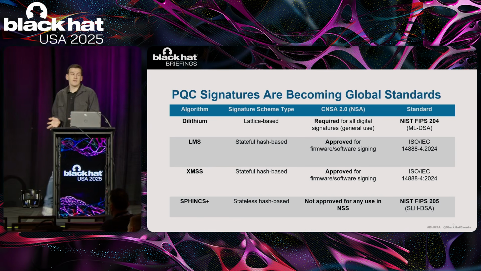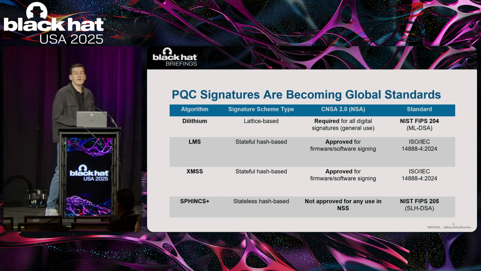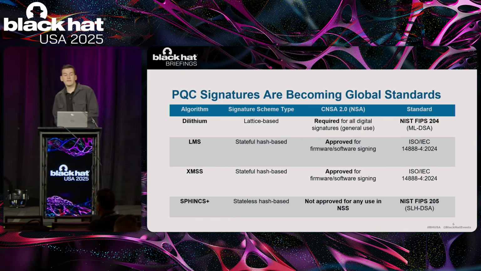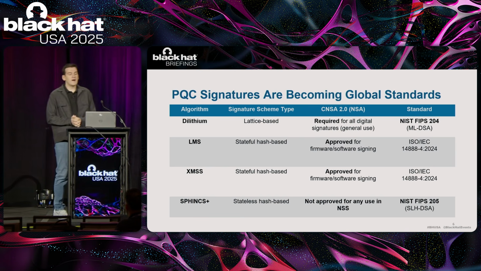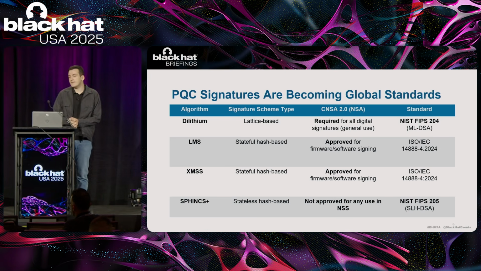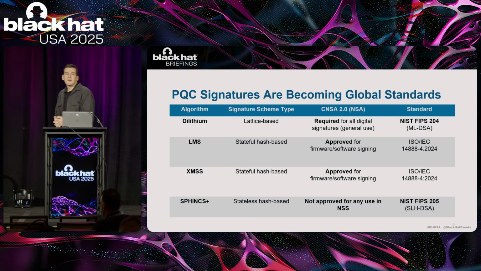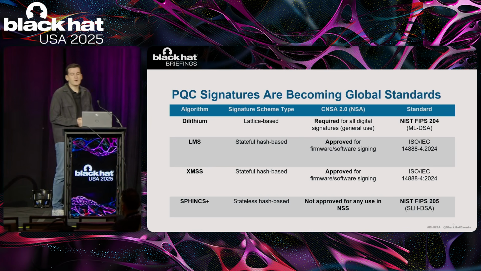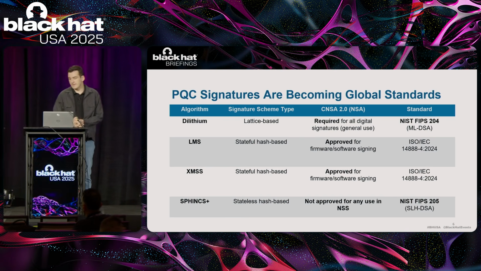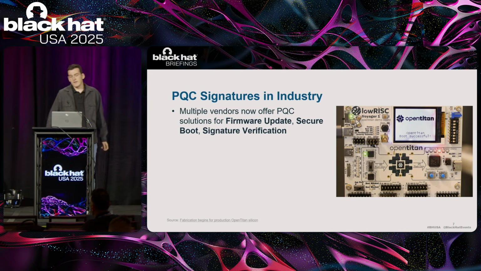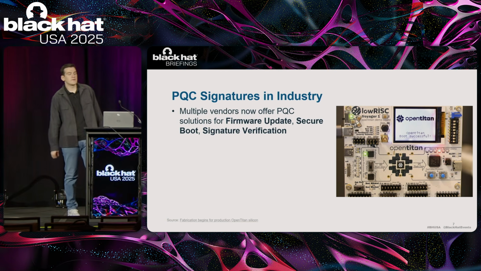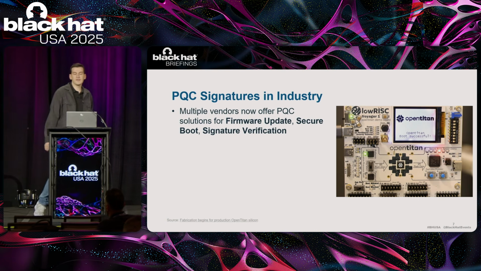Maybe they know a security attack that we don't know yet, or it could be performance issues, but I'm not sure about the reason. The other two schemes are LMS and XMSS, and these are still drafts at NIST. However, they are already standardized by ISO, and they are approved for firmware and software signing by the CNSA framework.